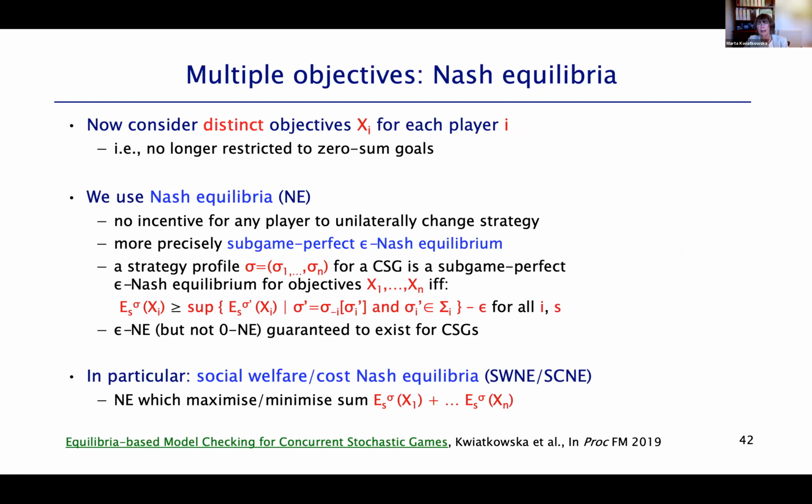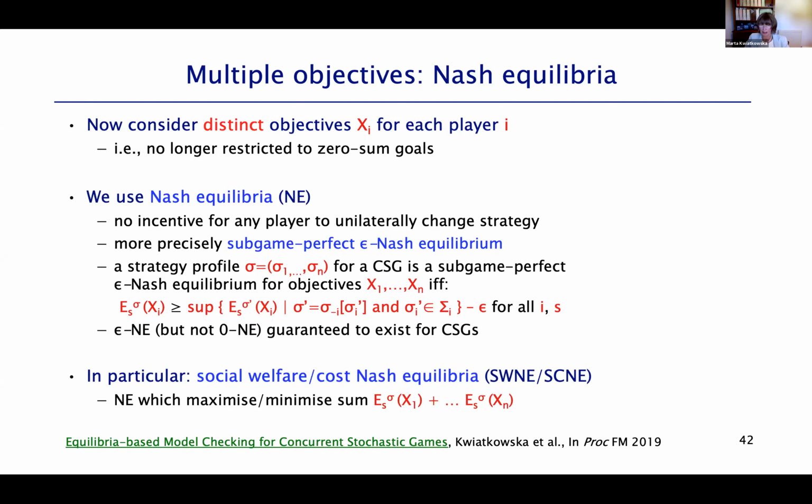Just to finish off, what we also want to do is to consider distinct objectives for each player and not necessarily restrict the logic to zero-sum goals. For this, we need to extend the logic, not just the model checking.